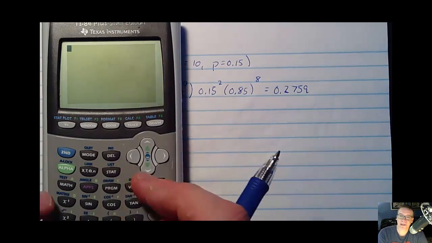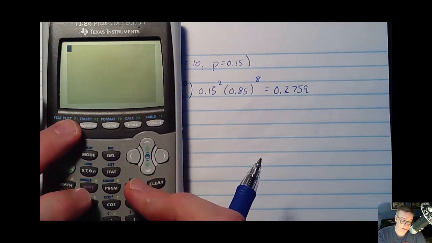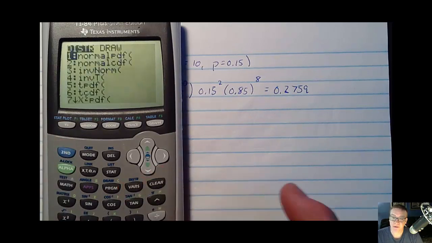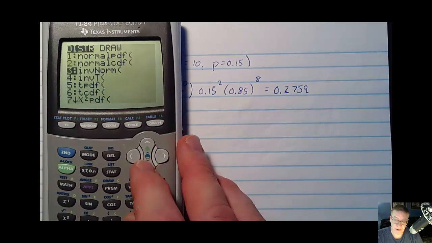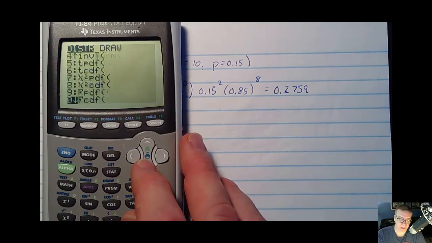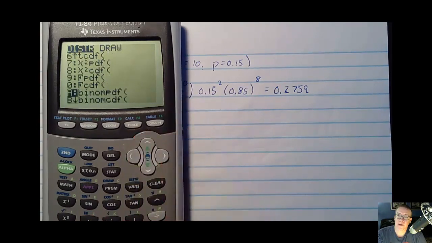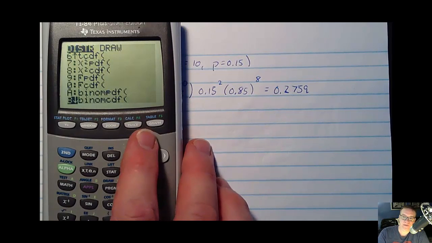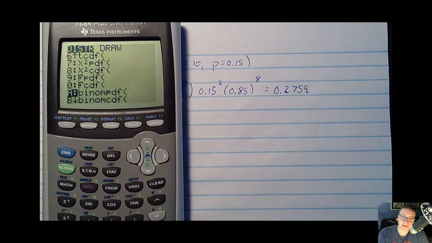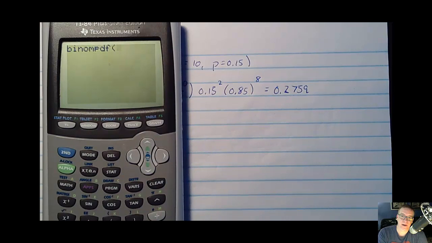The calculator has a command that's built into it, though, that does these types of probabilities. If I go to the distributions menu, that's second, Vars, takes me to the distributions menu, and scroll all the way down until I see the binom PDF. Now the PDF here stands for probability distribution function. And probability distribution functions are generally used when we're trying to find exact probabilities, that y is exactly equal to this number of successes, as opposed to the CDF, which we'll see in a minute.